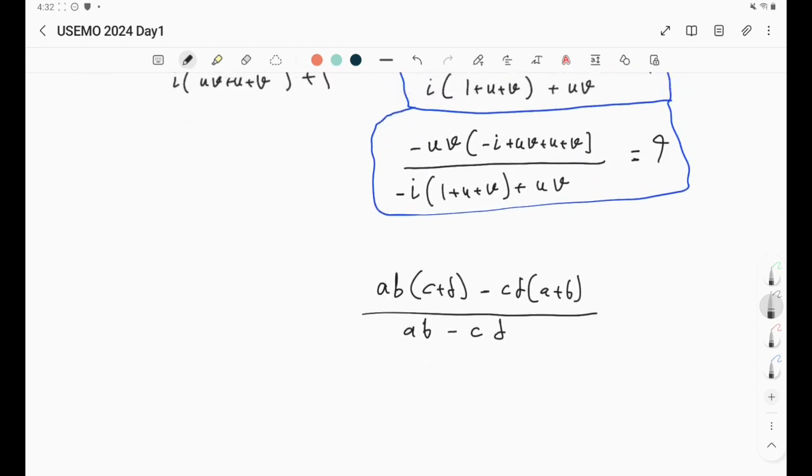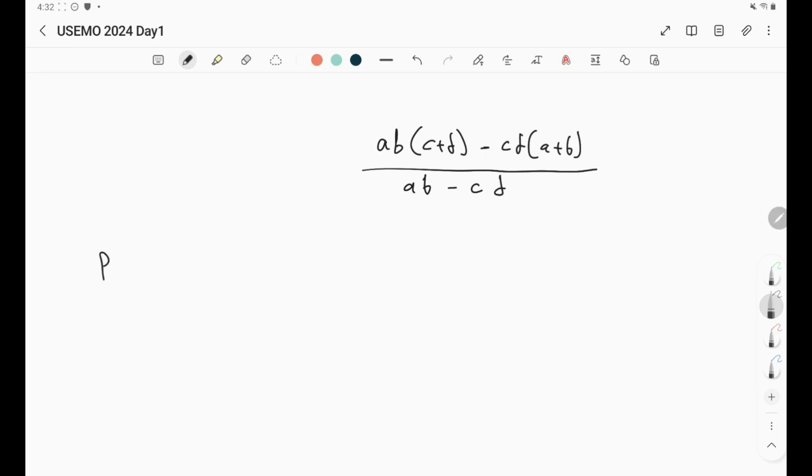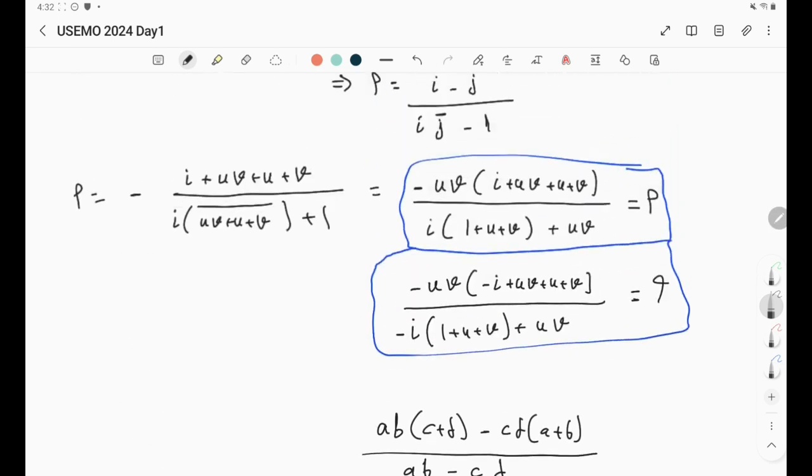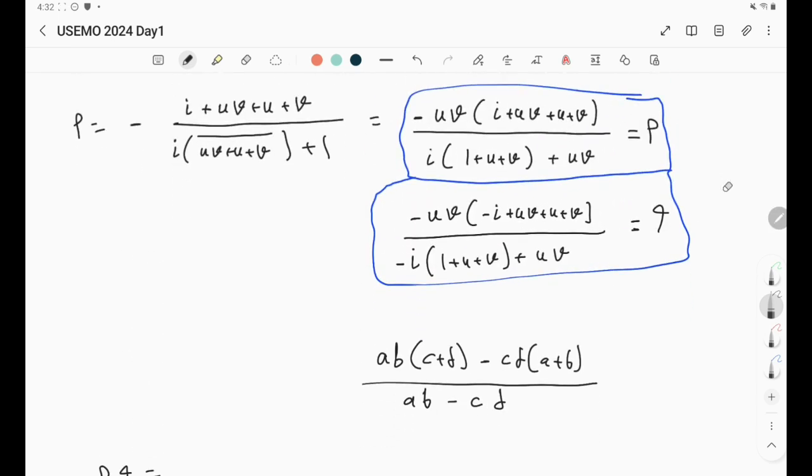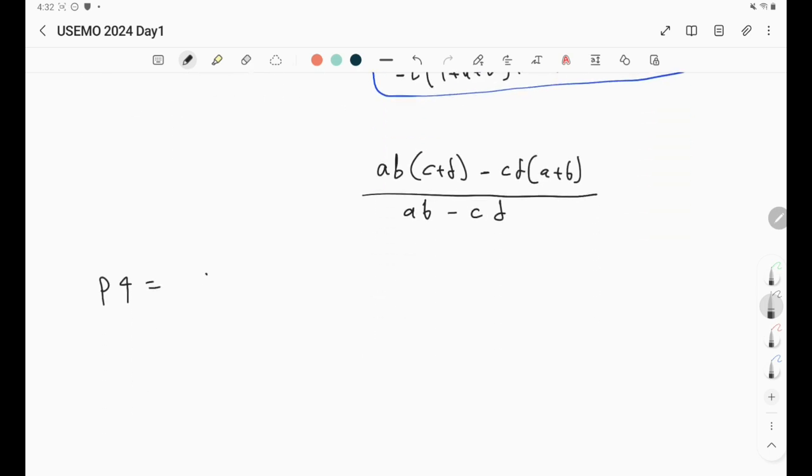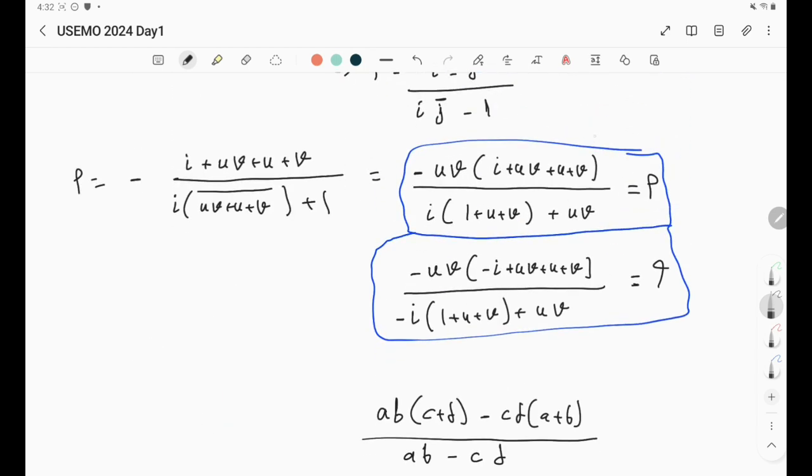So let's first of all find P times Q. So P times Q, what is that? If you look at these two, first of all, the minus with the minus is going to become plus UV squared, U squared V squared. Next, this thing times this thing, they are conjugates, right?